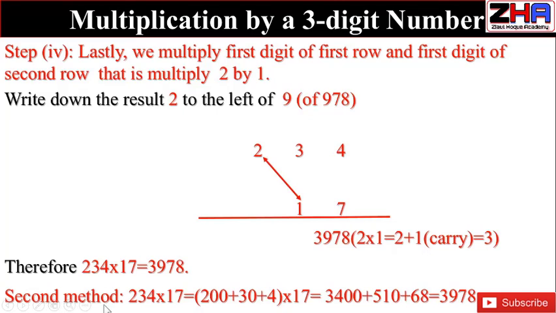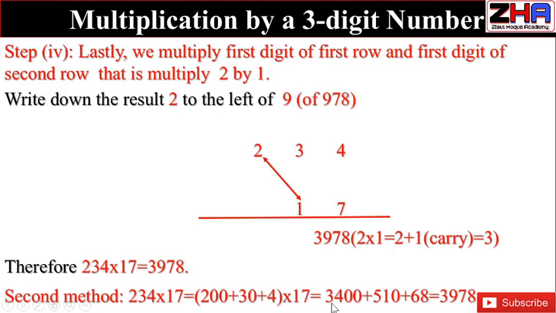To solve this problem, another method is the second method. 234 into 17. Now 234 can be written as the sum of 200 plus 30 plus 4, so 234 into 17 can be written as 200 plus 30 plus 4 into 17.